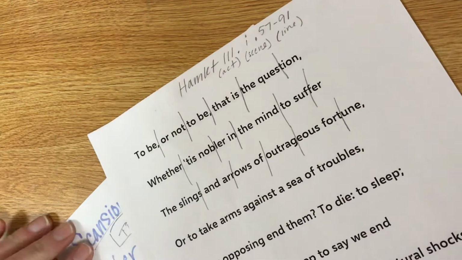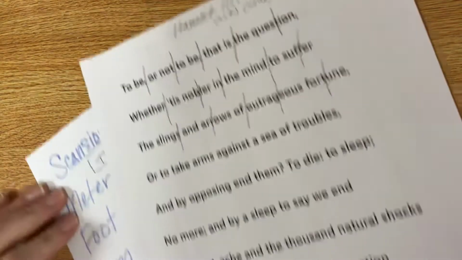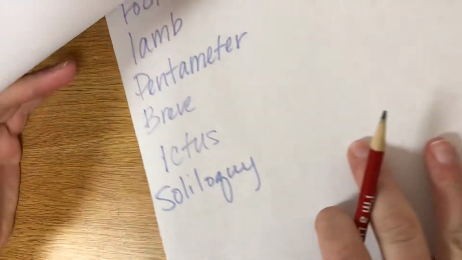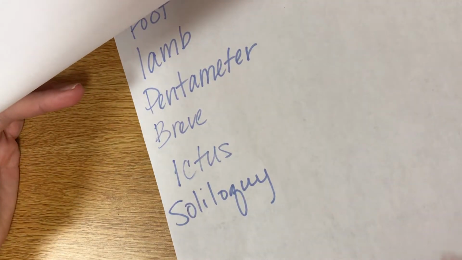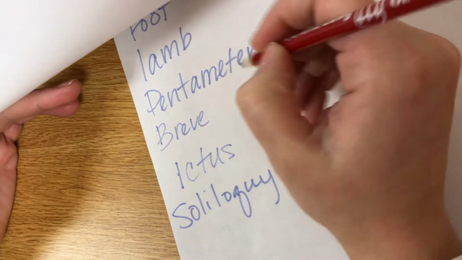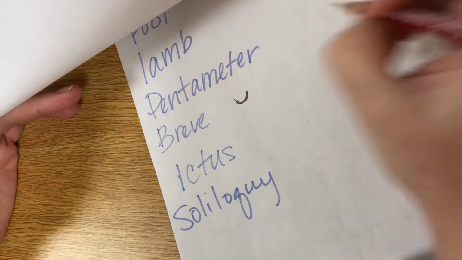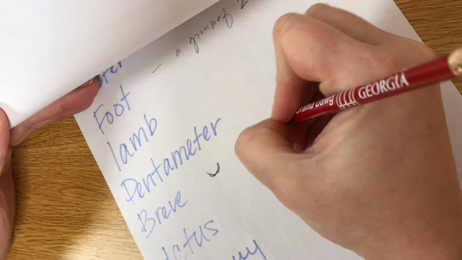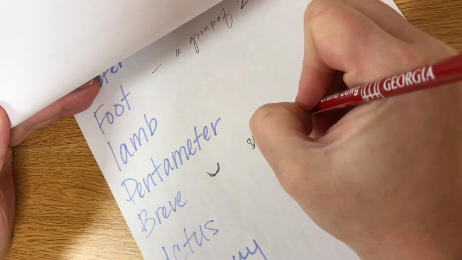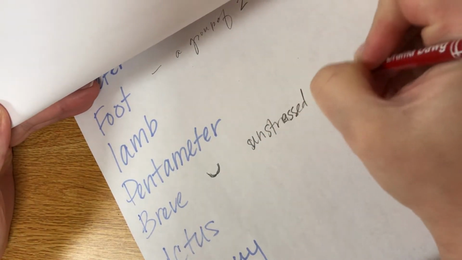When we mark out syllables, there are 2 options: unstressed and stressed. We mark unstressed syllables with what's called a breve. A breve is this little smiley face, and that goes to unstressed.